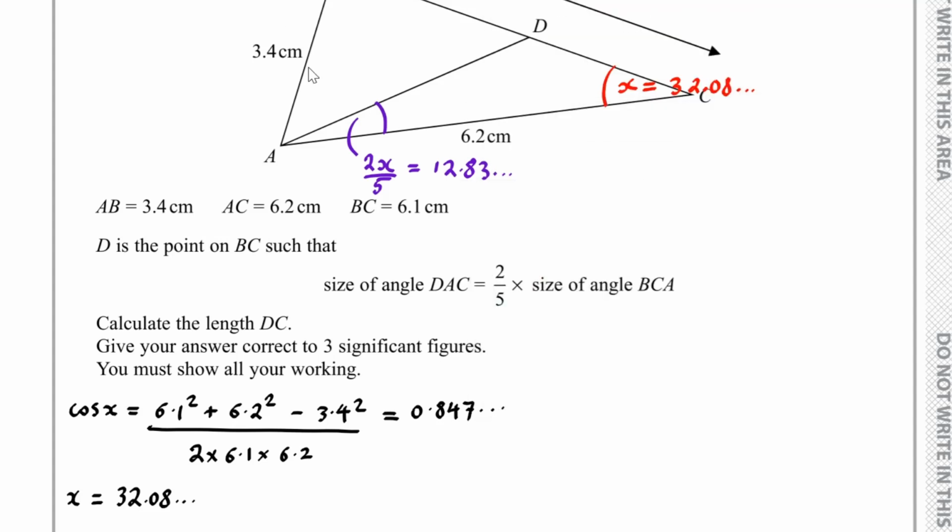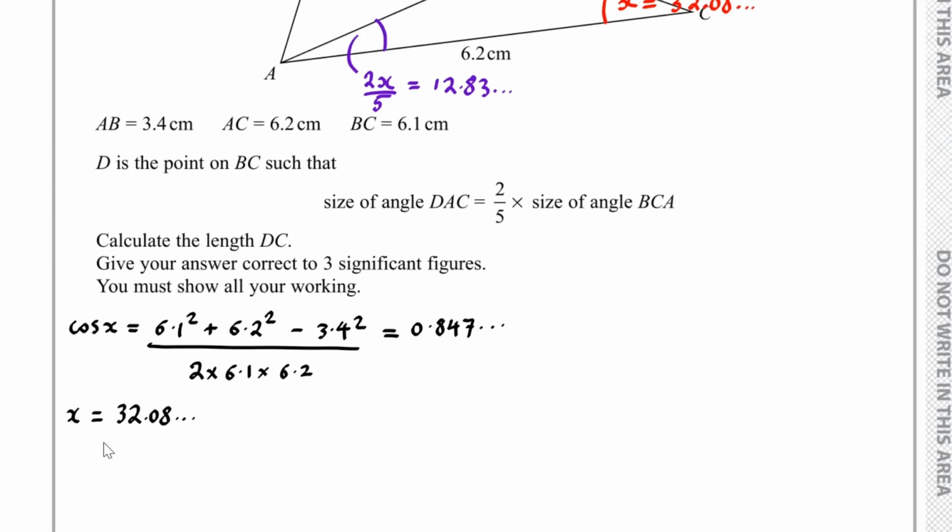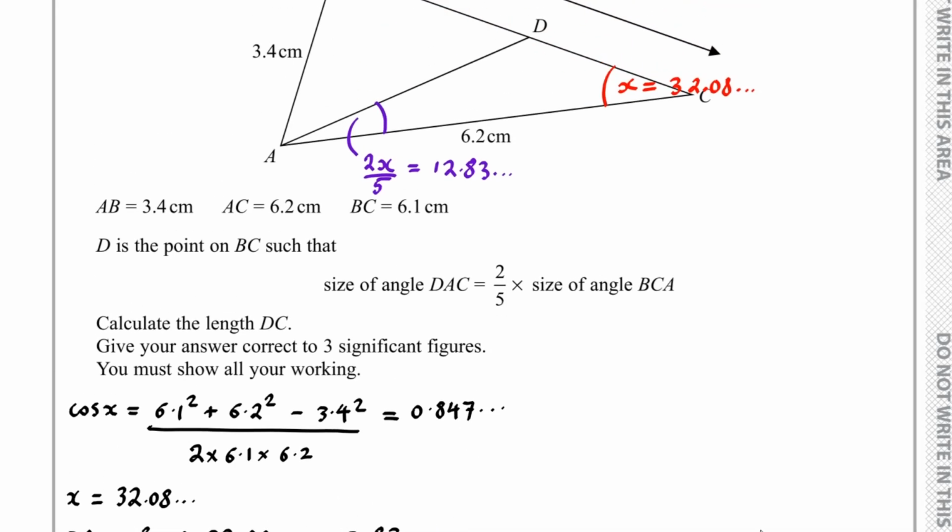Okay, so to work out that angle DAC, that's going to equal 2/5 of 32.08, etc., which was the 12.83, etc. Now, how does that help us? Well, to figure out DC, I need an angle opposite it, which I've got, and I also need a side and an angle opposite. So I need this angle here before I can do anything else.